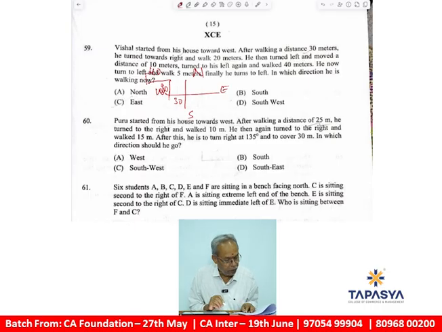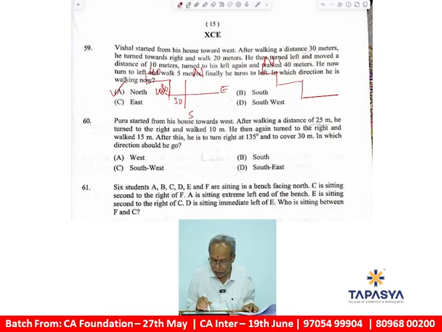So in which direction is he facing? He is facing the north side. Is it clear? It's very simple here. He moves 30 meters to the west, then towards the right 20 meters, then again moved left, again moved right 10 meters, again 40 meters. So he is going to the north. Right.